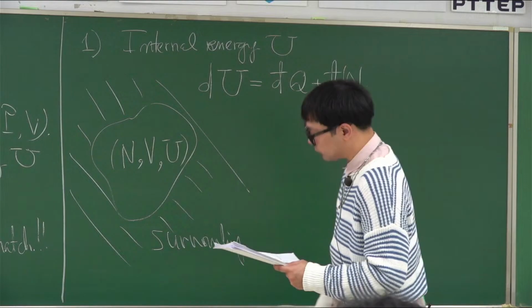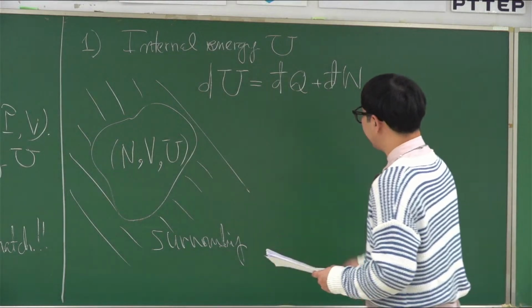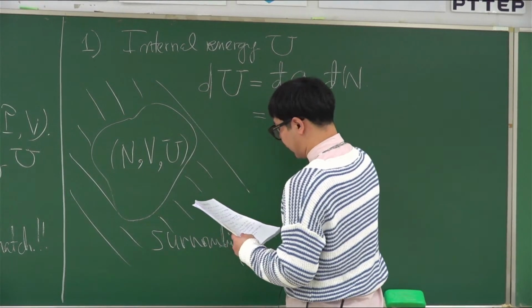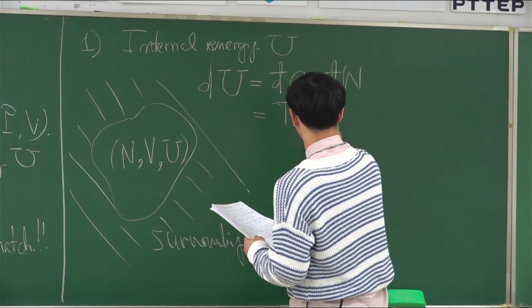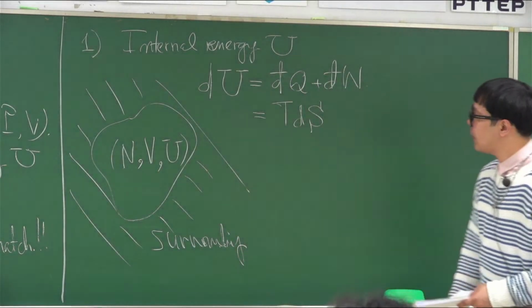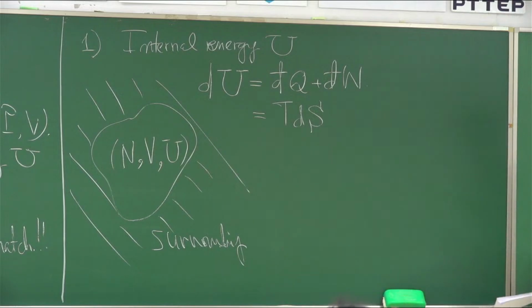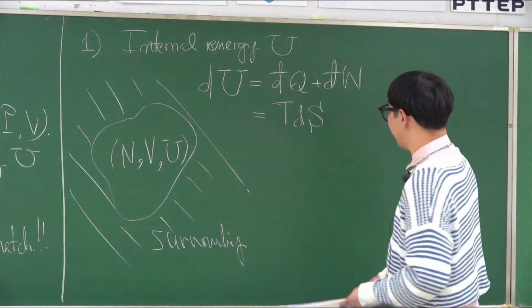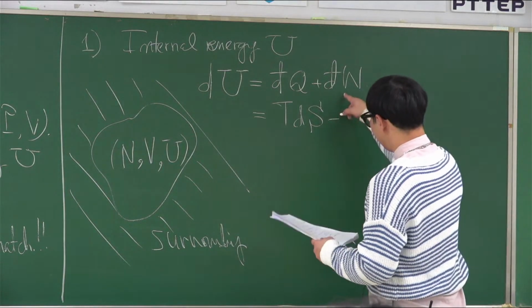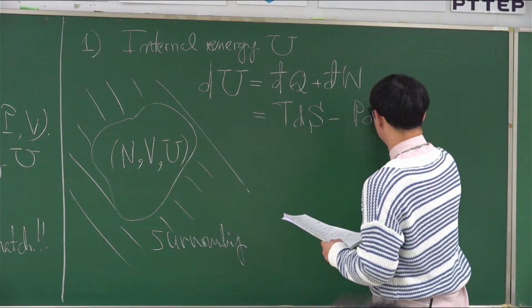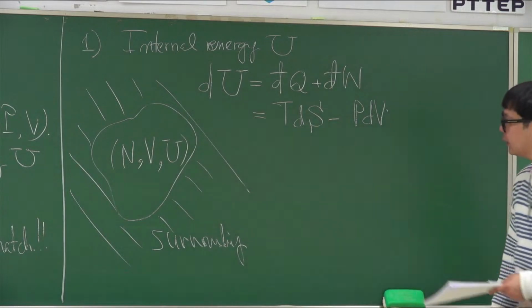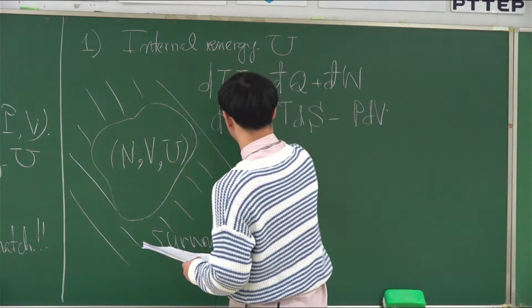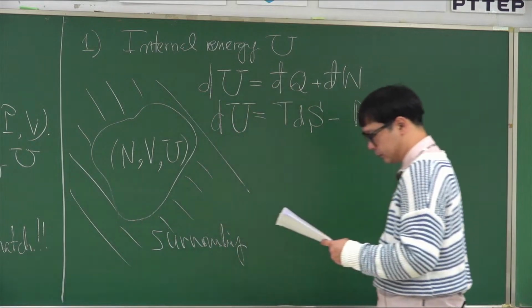So you can turn this one into this, by using the definition of the thermodynamic entropy that I introduced in the previous class, and then this one can be put in this way. So now you have this relation.